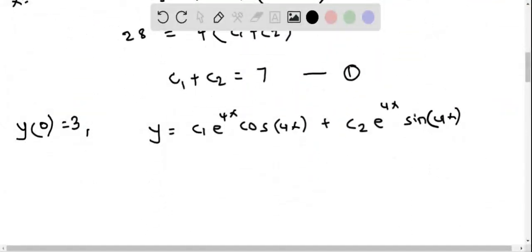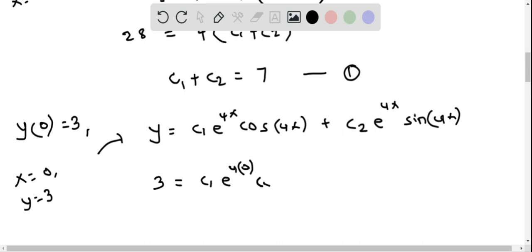Okay, so let's substitute x equal to 0 and y equal to 3 into this solution equation. When we do that, we get 3 equals c1 e^(4·0) cos(4·0) plus c2 e^(4·0) sin(4·0).